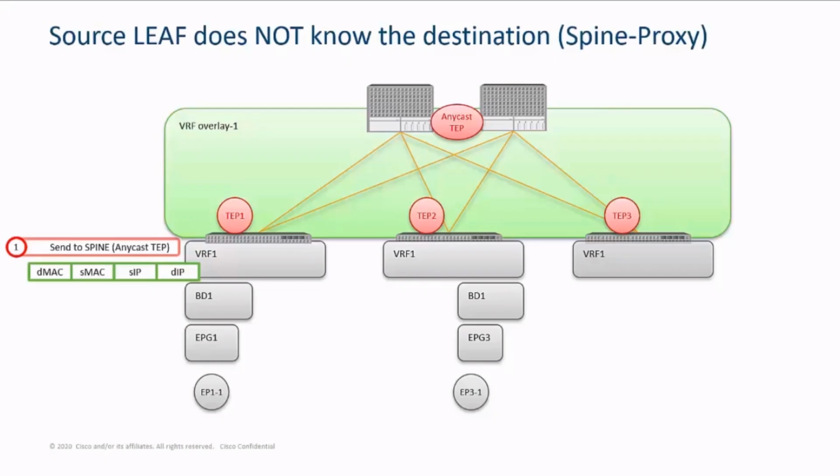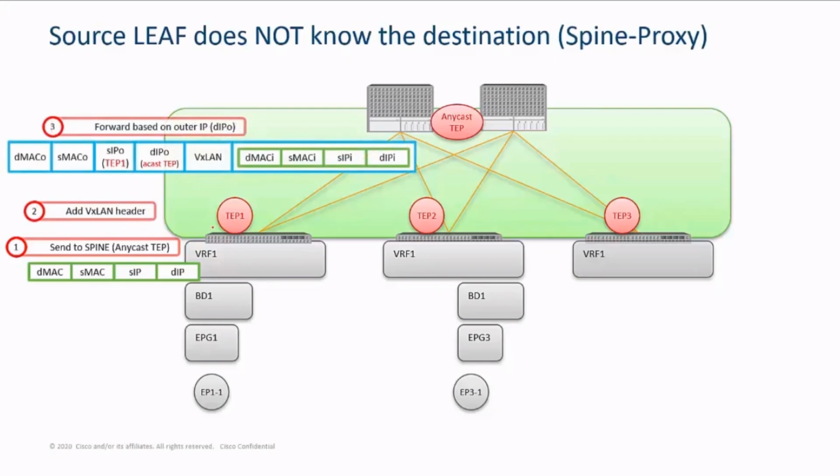So leaf 1 is going to send it to the spine switches, but anytime we send traffic over the ACI fabric, remember what has to happen is we have to add the outer header. So I want you to look at the outer VXLAN header here. And for the most part, everything's the same, except there's one difference. So I want you to tell me what that difference is.